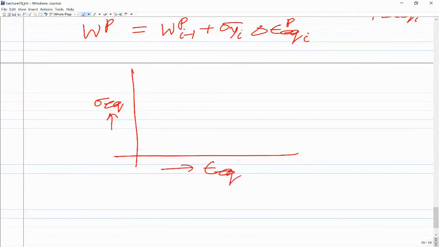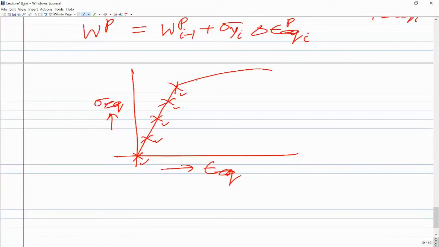So sigma equivalent versus epsilon equivalent is similar to the uniaxial stress-strain curve. The whole load you are going to divide into a number of steps. Of course these steps would be elastic steps, so you go from 0 to this step, this to this step, till this you are in the elastic region, and then you go into the elastoplastic region.